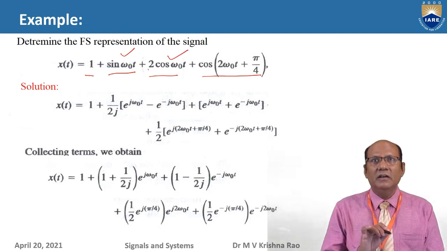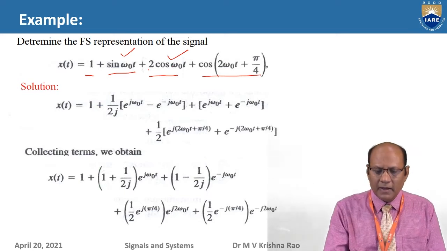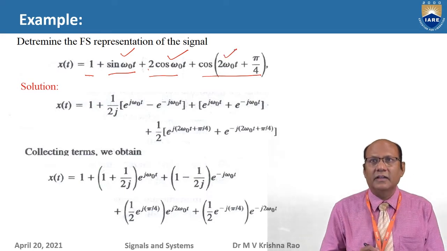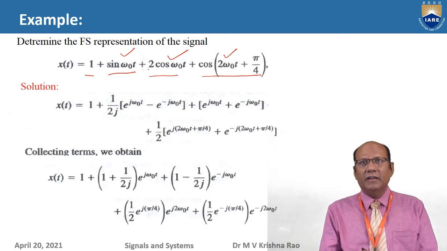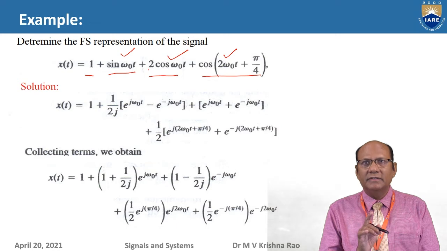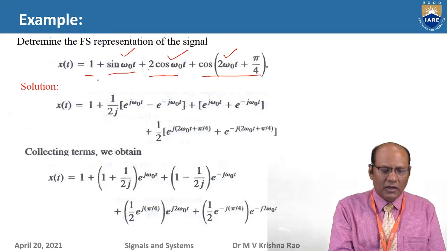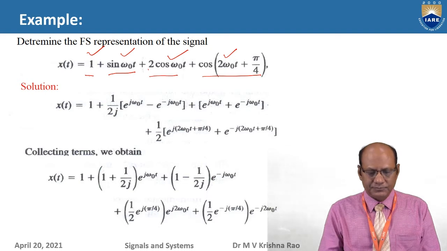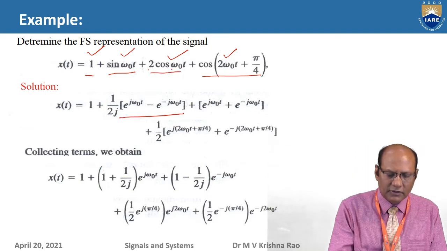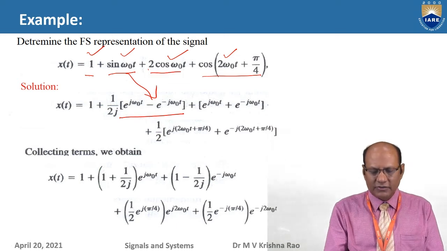Both have the fundamental frequency only. And here 2 omega naught is there, so this is the second harmonic. So this waveform contains two harmonics: one is the first harmonic, the other is the second harmonic. And the 0th harmonic, if I want to call it, is nothing but the DC term.